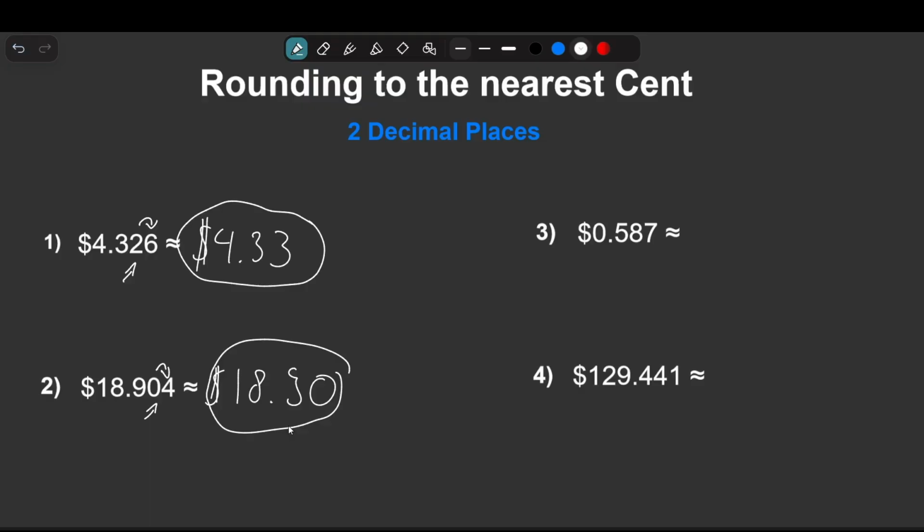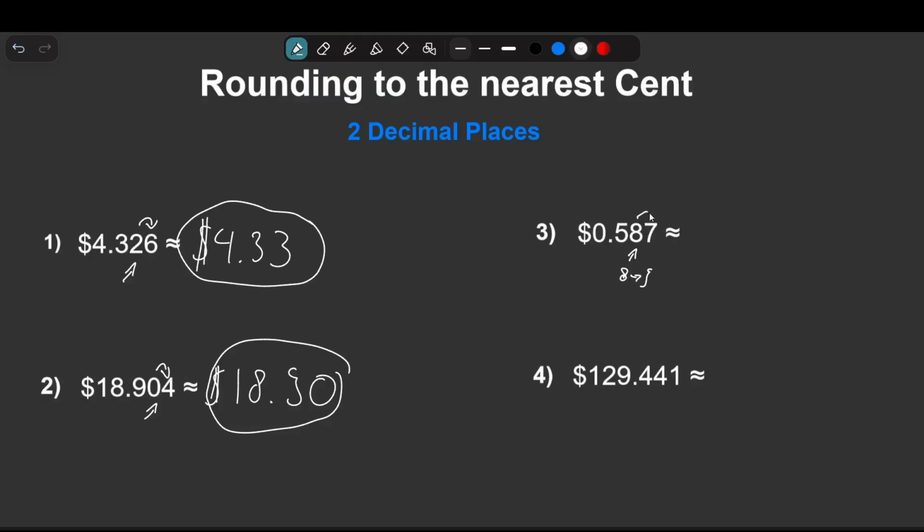Let's go straight into our third example. For our third example, we have $0 and let's say 58 or 59 cents. The first thing we do again is look at our hundredths spot, because we are going to round this up. We have an 8 right here. Is it going to stay an 8 or is it going to turn into a 9?